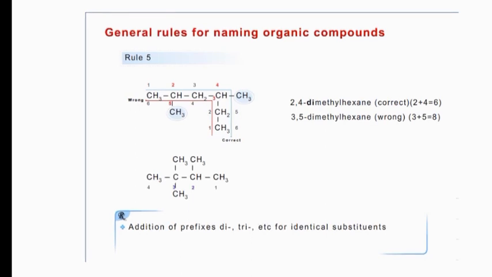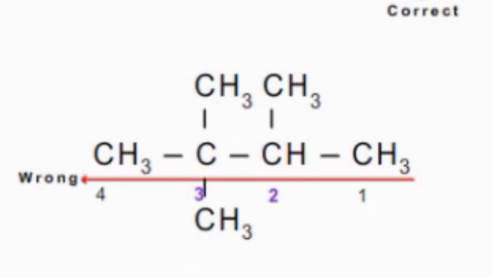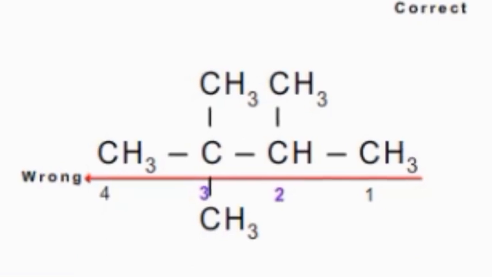I am giving you one more example. This is the example, and I have numbered it in a particular way. Here the second carbon atom has one methyl group, and the third carbon atom has two methyl groups, one directed upside and the other directed downside.